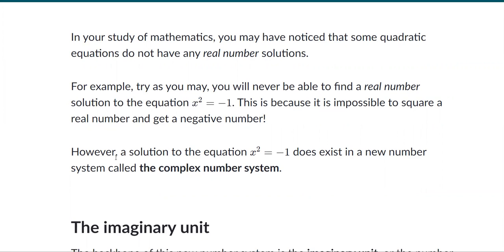However, a solution to the equation x squared equals -1 does exist in a new number system called the complex number system. So if you think back through the number systems that you've learned about, you've learned about rational numbers, and that's where you have any integer divided by another integer.